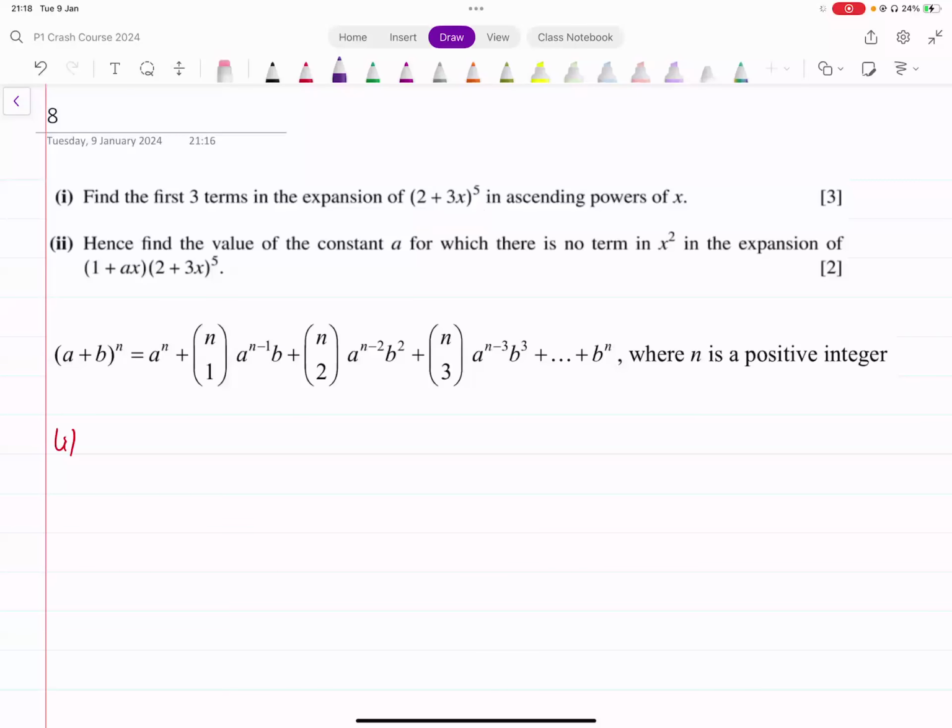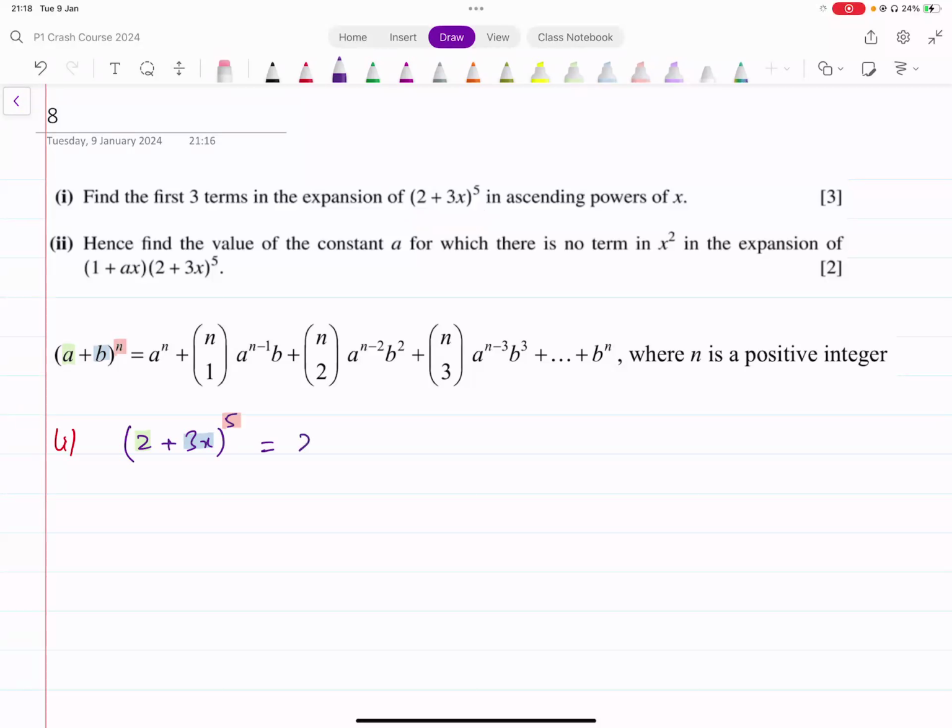Let's try. (2 plus 3x) whole raised to power 5. We need to do this expansion. Again, let's compare. In place of a, we've got 2. In place of b, we have 3x. In place of n, we have 5.